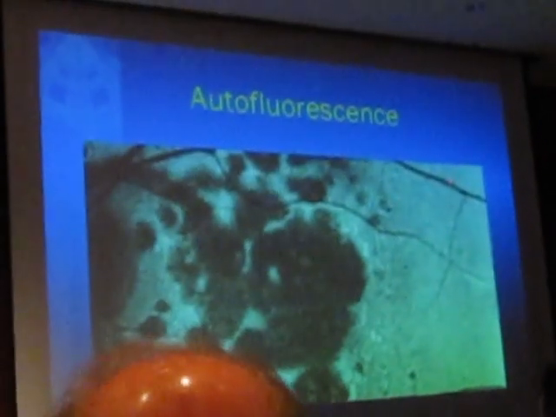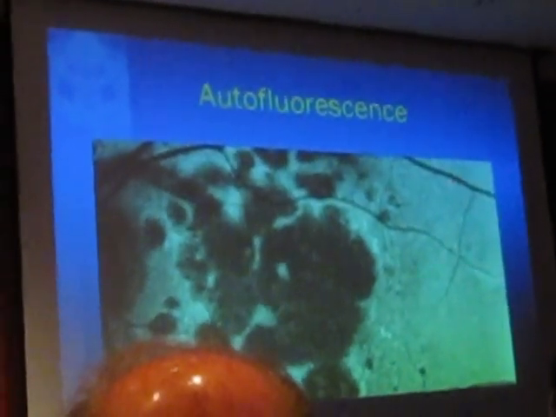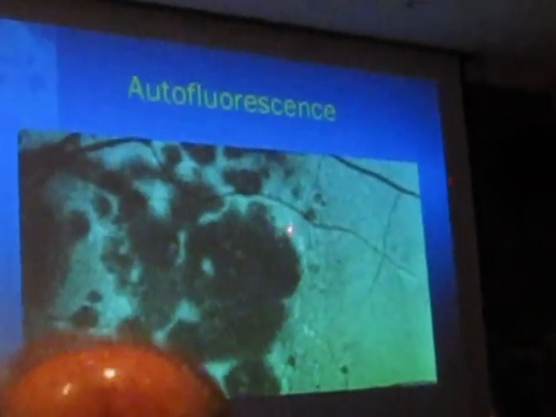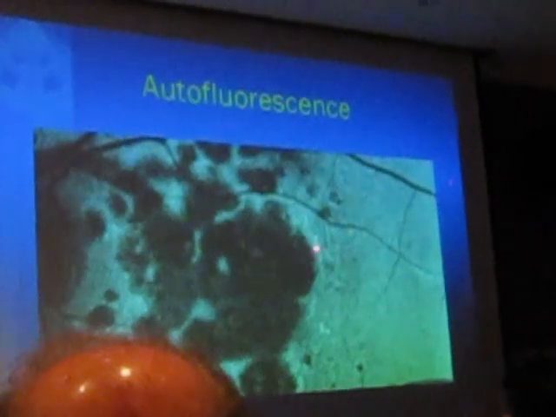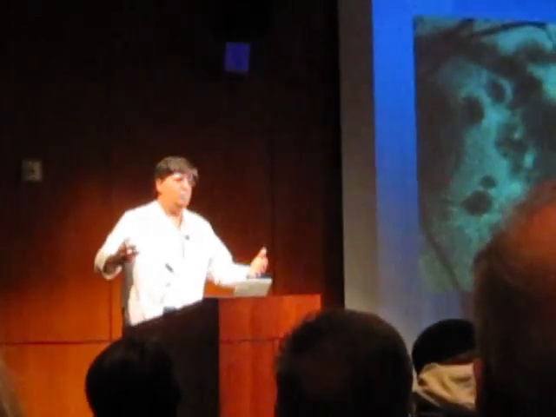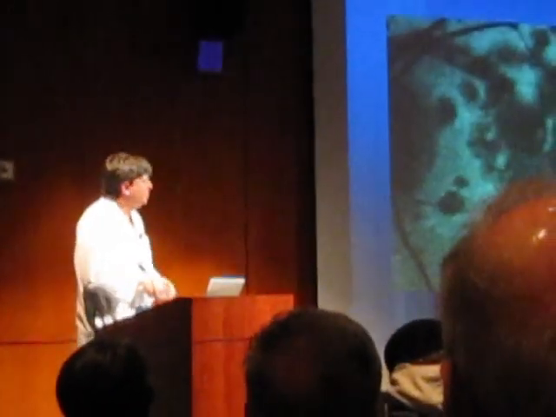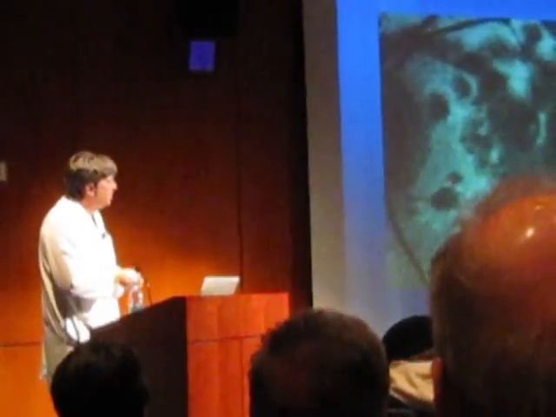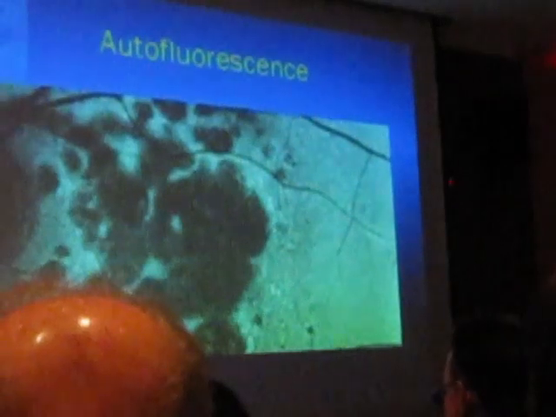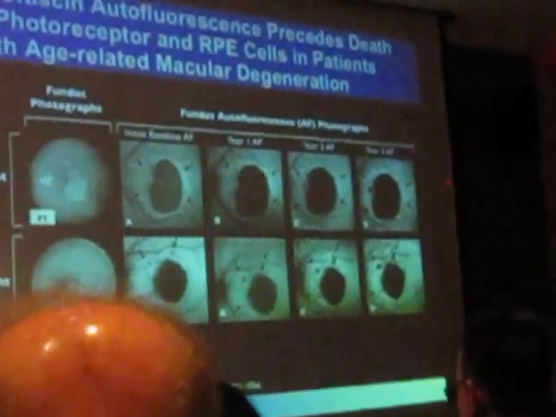So when you shine a light in the back of the eye with certain filters, the eye will fluoresce, the retinal pigment epithelium will fluoresce normally about like this, abnormally hyperfluorescent like this, and when there's no autofluorescence like this, it means the photoreceptors are gone and no longer shedding, and or the retinal pigment epithelium is gone. So normal, hyper is on the way to badness, the metabolites are starting to build up, and black is pretty much dead. And in fact, we can track this over time.